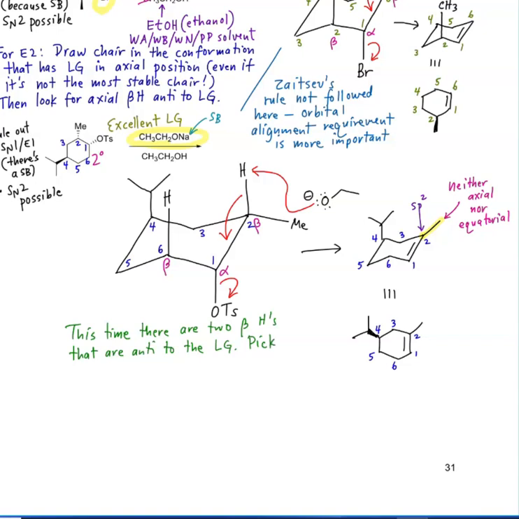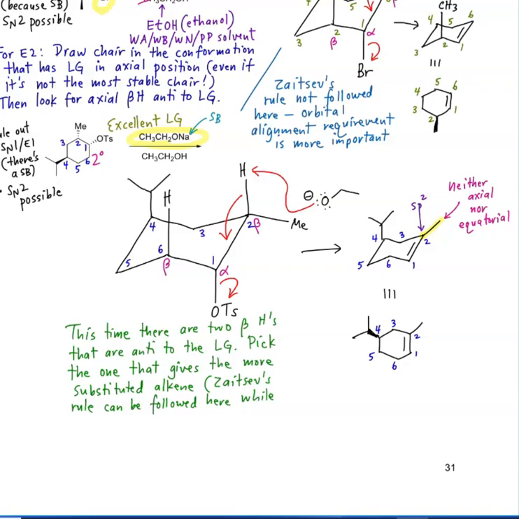That is to say, follow Zaitsev's rule. So in this example, unlike the previous one, Zaitsev's rule can be observed or followed while observing the orbital requirement, or the orbital alignment requirement.